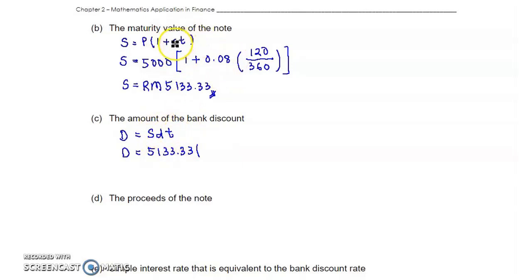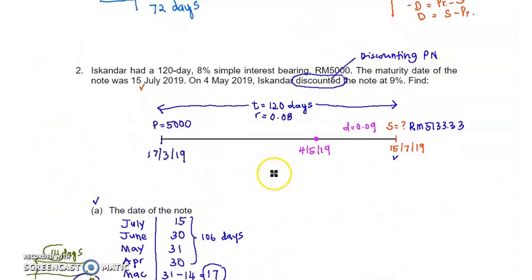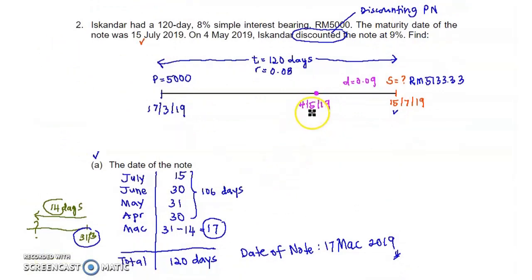So RT here, T you must take the term of note which is 120. If DT, T here referring to discount period. So discount period is from 4th May until 15 July. So how many days here? So we need to calculate number of days from 4th May until 15 July, which is the discount period.